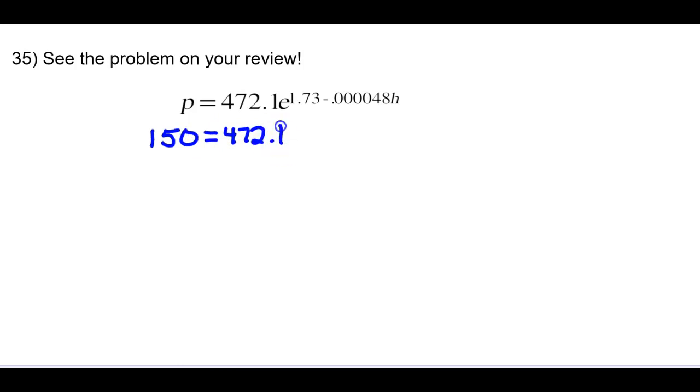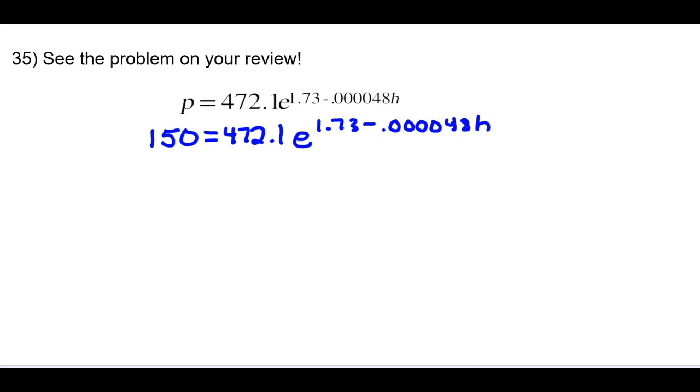And notice this is 472.1 e, and all of this is the exponent, 1.73 minus 0.000048 h. And all of those zeros are important, so don't think I can just round that. That would be a bad idea.